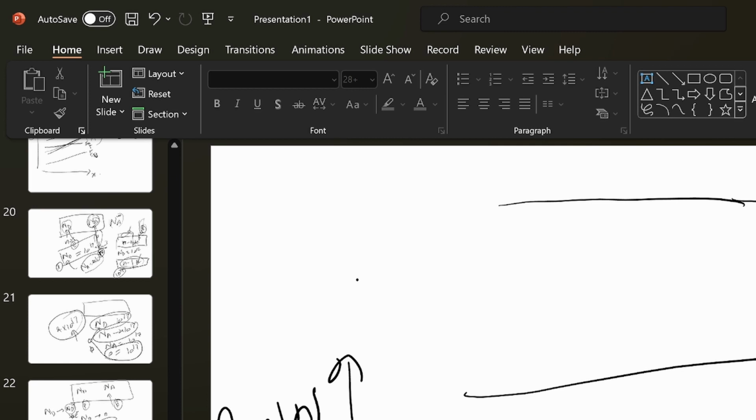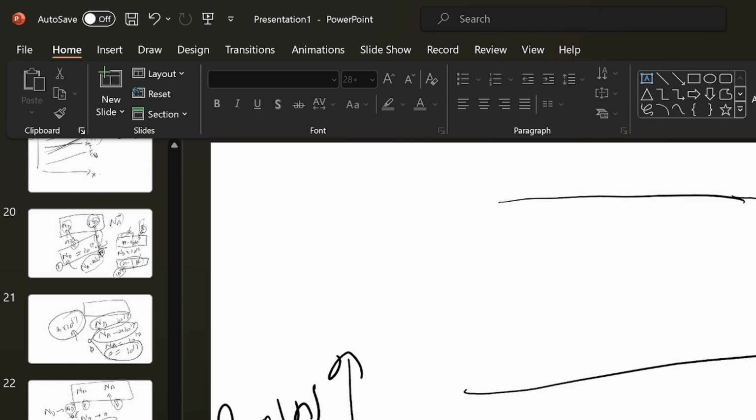As we increase the temperature, the charge carrier concentration will increase. There will be a temperature T equal to T naught at which the donors will be completely ionized, and the curve will go flat.